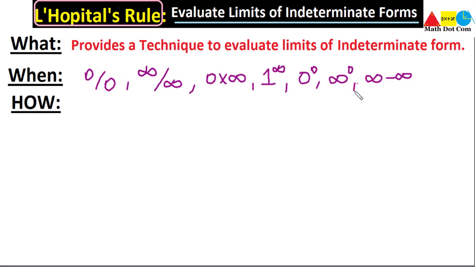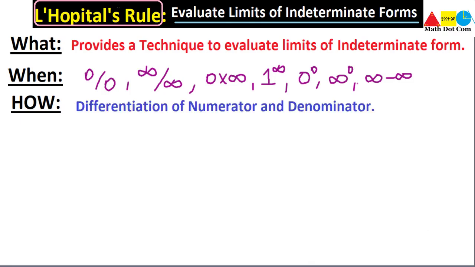We can do this by the differentiation of the numerator and denominator of the given function. This is the main method that you have to use when you come across functions that give you indeterminate forms after putting the value of the limits. We will see examples later. Don't get confused about it. When we solve the example, it will be much clearer for you.